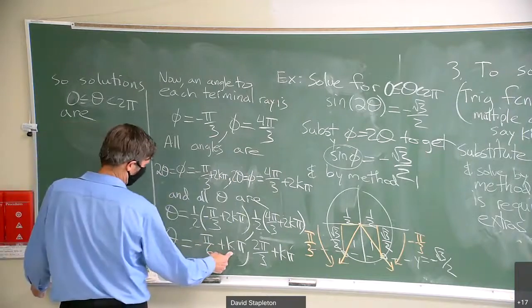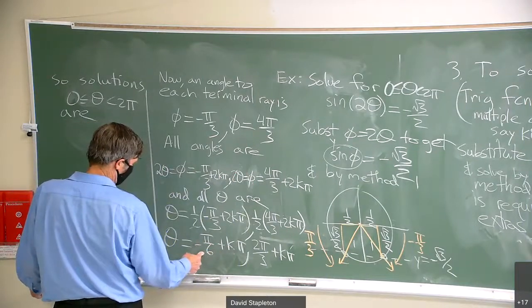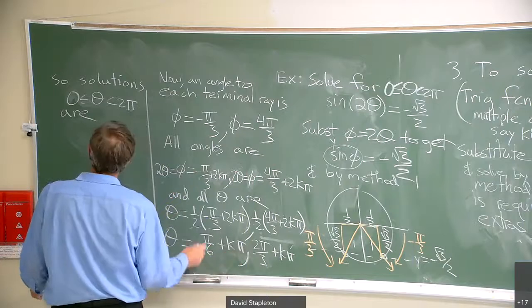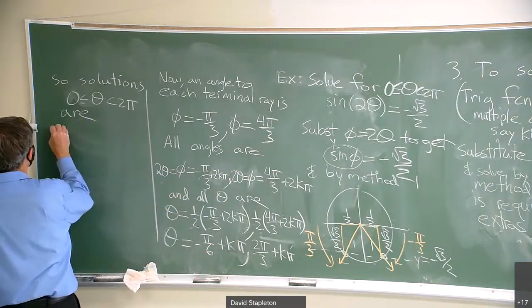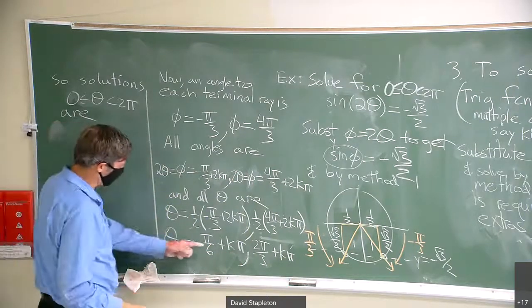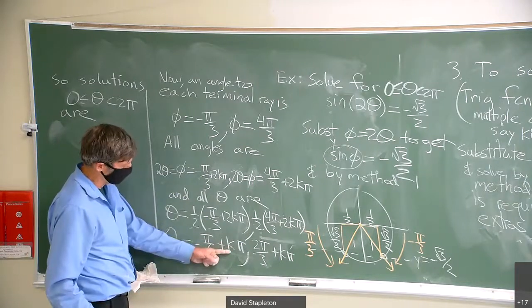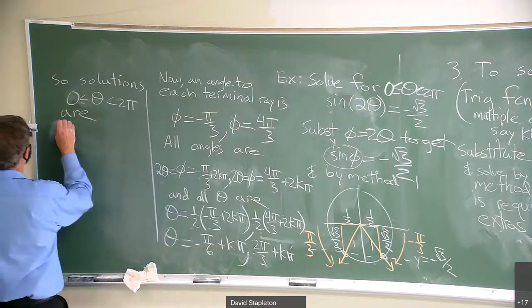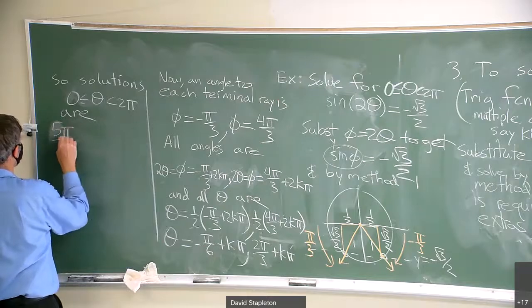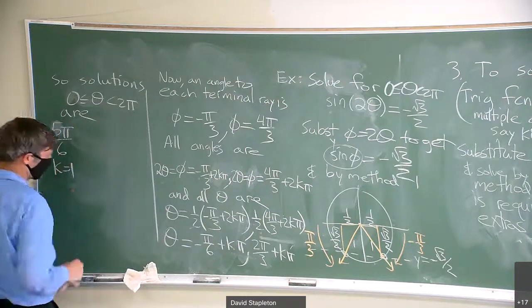So I try k equals 1. Minus pi over 6 plus 1 pi. What's that? Well, minus 1/6 pi plus 1 pi is 5/6 pi, because minus 1/6 plus 1 is 5/6, all times pi. So I get 5 pi over 6 when I put k equals 1 in the first equation.